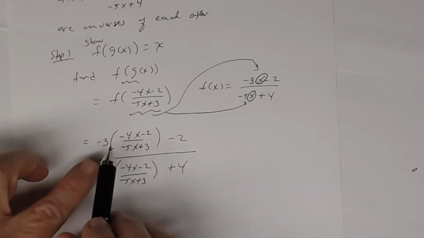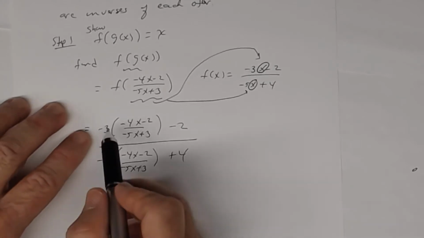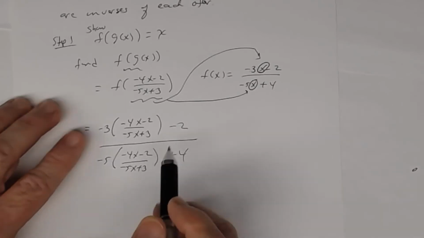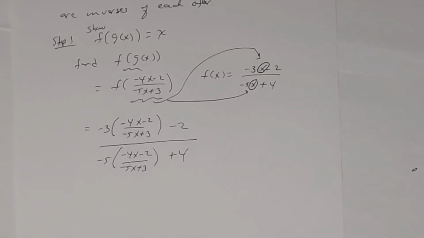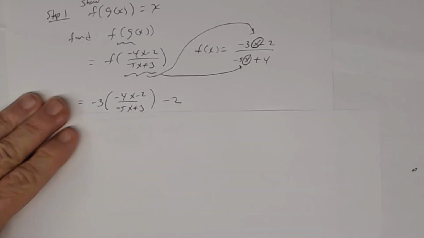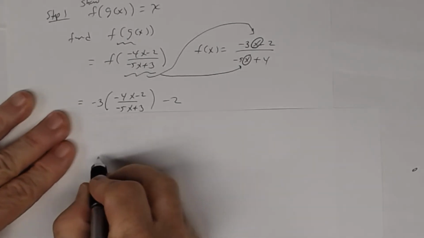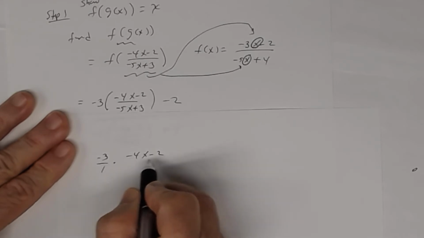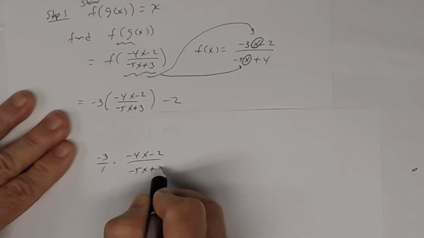All right, now listen carefully to what I'm saying. You think of this negative 3 as negative 3 divided by 1. So I'm going to go to another sheet of paper and tell you what that means visually. So think of this as negative 3 divided by 1 times negative 4x minus 2 divided by negative 5x plus 3.